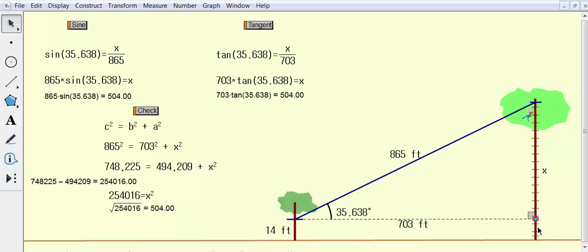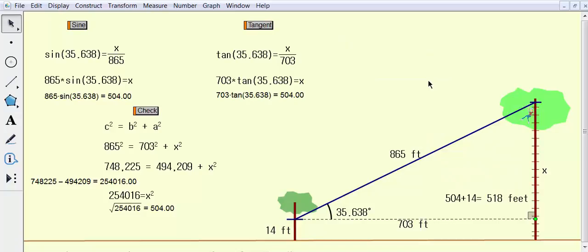There's still a little piece of ladder down here, and this is where we need to add 14 feet. So, let's do that. We'll have 504 and add 14 feet to get our grand total of 518 feet. And that's going to be the length of our ladder.